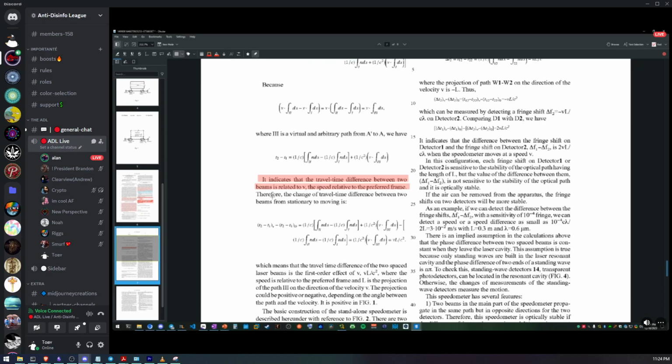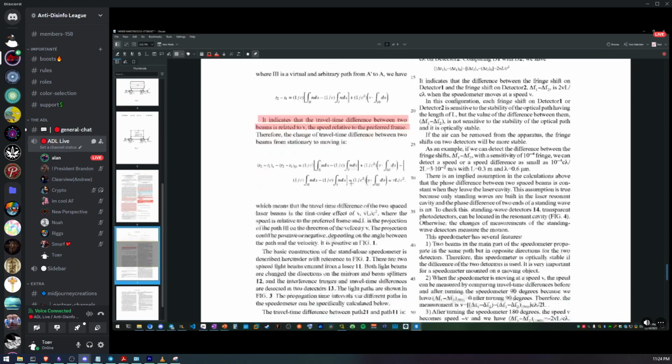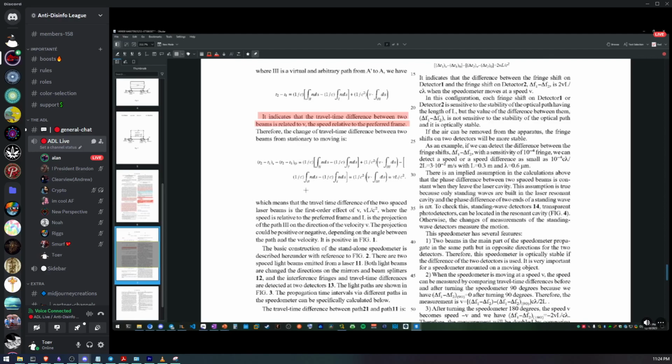Therefore, the travel time distance between the two beams. So he gives the equation there to derive the proportional relationship with the phase difference and the speed of light to get the velocity. Which means that the time travel of the two space laser beams is... So rarely in physics do these people get a chance to get first order measurements and first order effects.